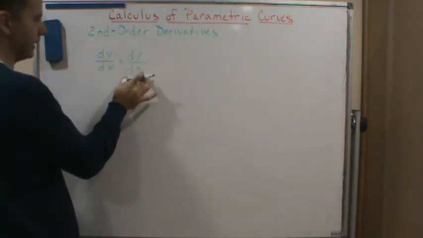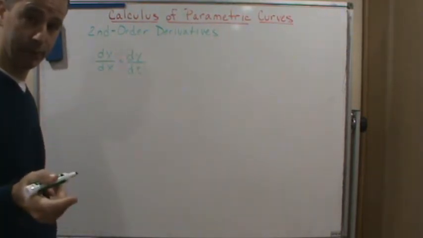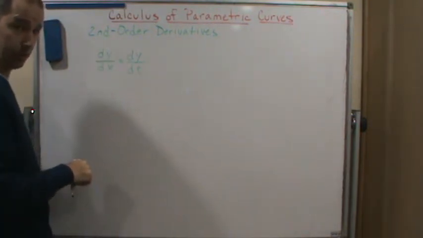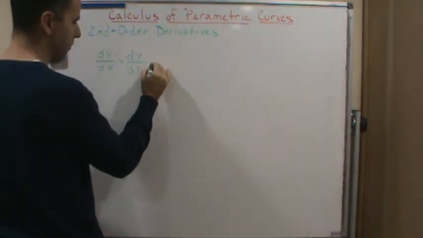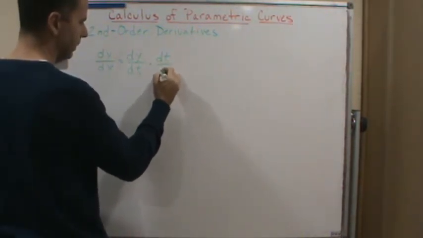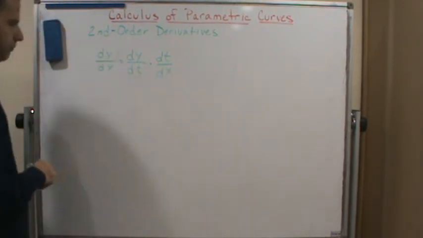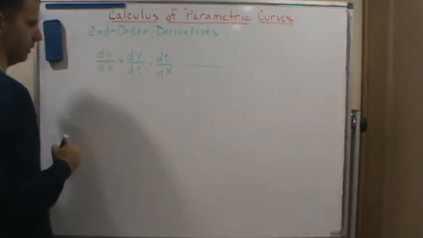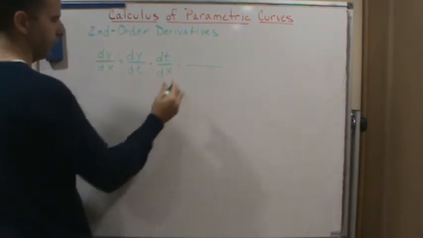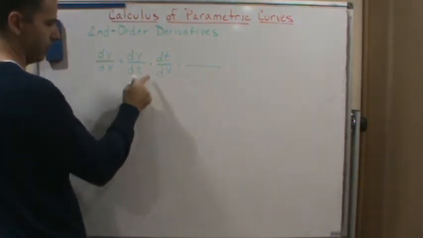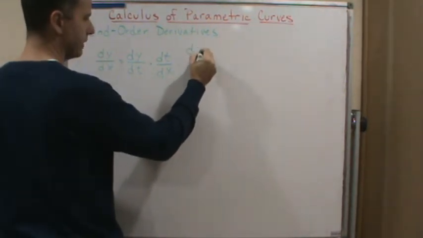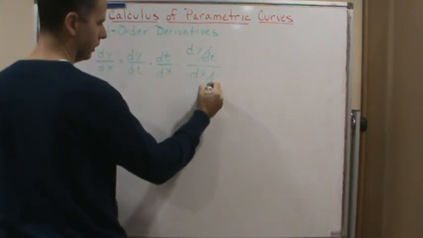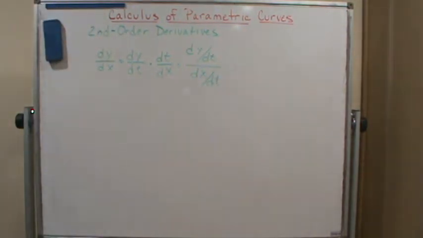Then I get dy dt, that's the capital F prime of f of x. Remember the chain rule? I can also write it in Leibniz notation: dy dt times dt dx. Then of course I can write this as a quotient by flipping this down to the denominator and taking the reciprocal. So that's where we get dy dt over dx dt.